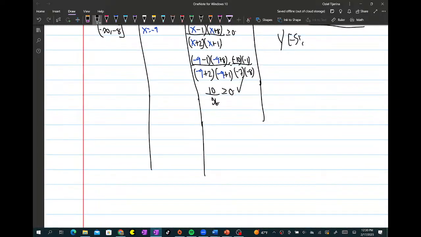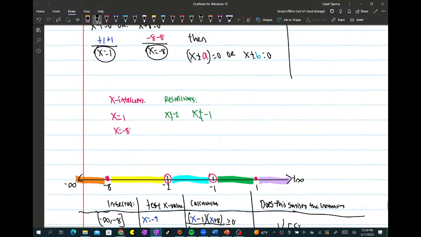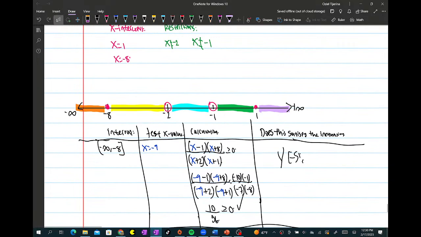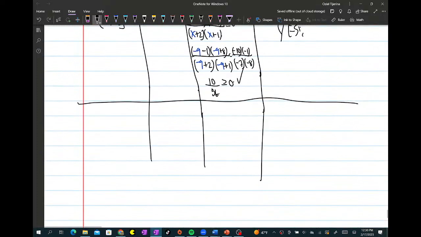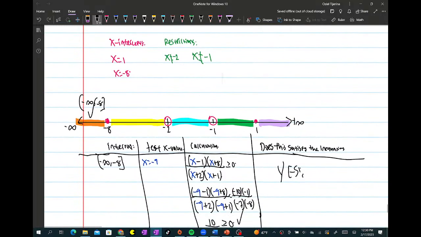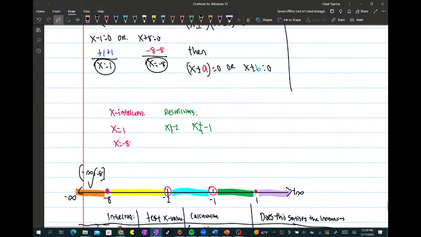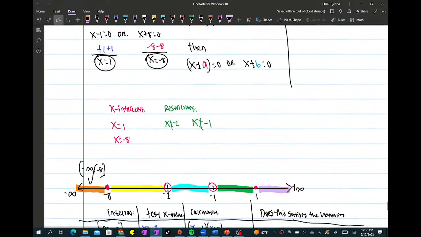So we know that this works, right? And now from negative 8 to negative 2.